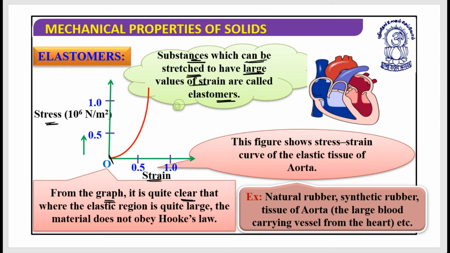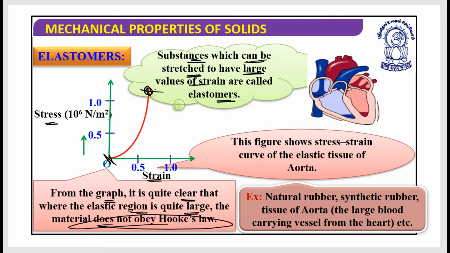From the graph, it is quite clear that the elastic region is quite large, but the material is not going to obey Hooke's law. This is the region where if you remove the force, it will again regain its original shape. So it is within the elastic limit, but it is not following Hooke's law.